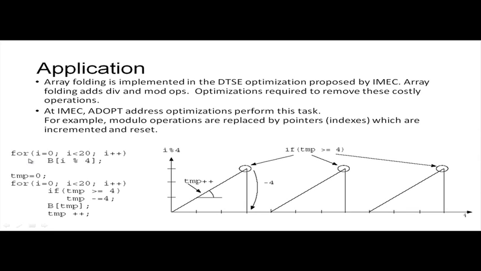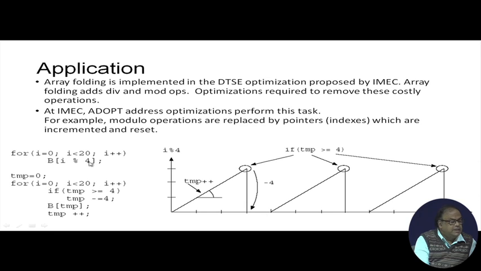For example, here there was a mod operation in a loop. Mod operation is costly. So, that has been broken down, as since it was mod 4, this is an equivalent code.